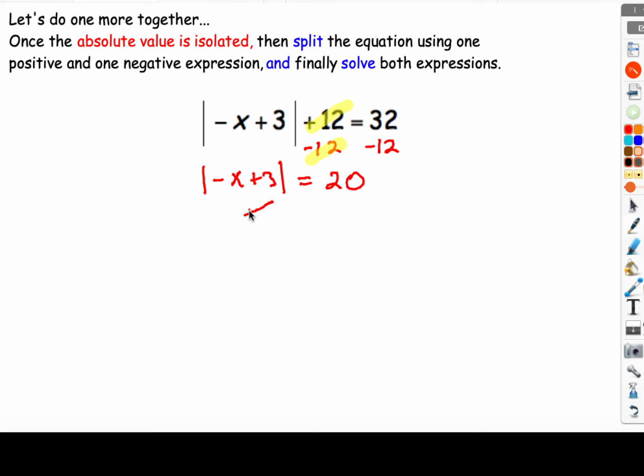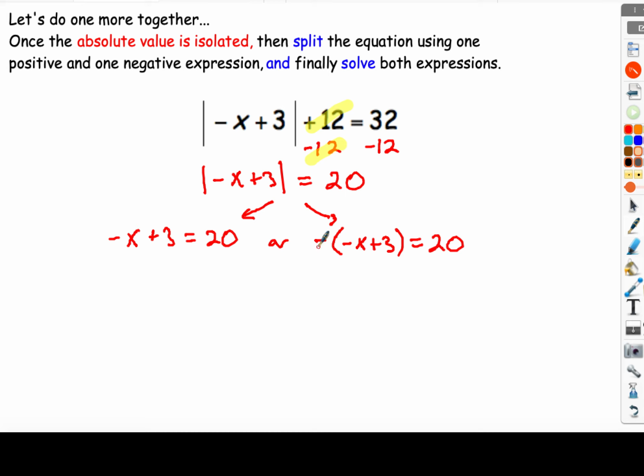Now we're going to split again into our two parts. We can say positive x plus 3, or negative the quantity x plus 3. Notice I haven't changed anything from the original equation when I put that negative on.